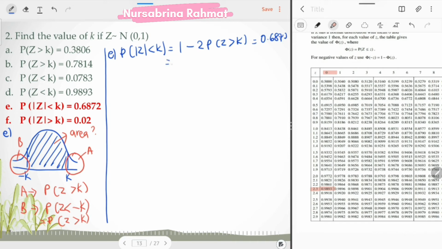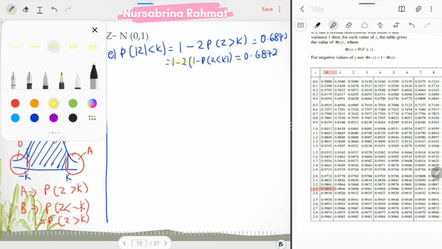So 1 minus 2P(z > k) is actually 1 minus 2(1 minus P(z < k)) equals 0.6872. I'm going to simplify everything on this slide because it looks too messy and complicated.